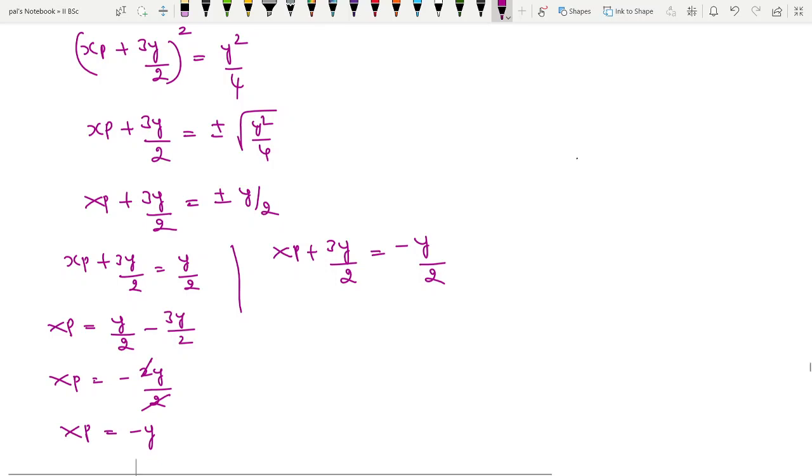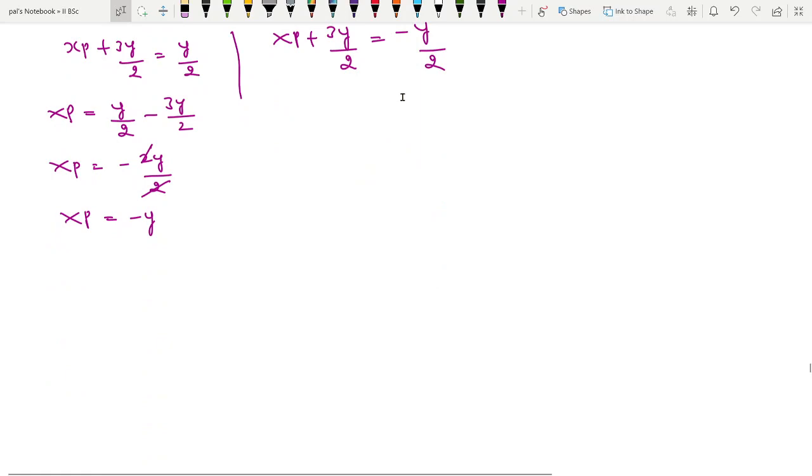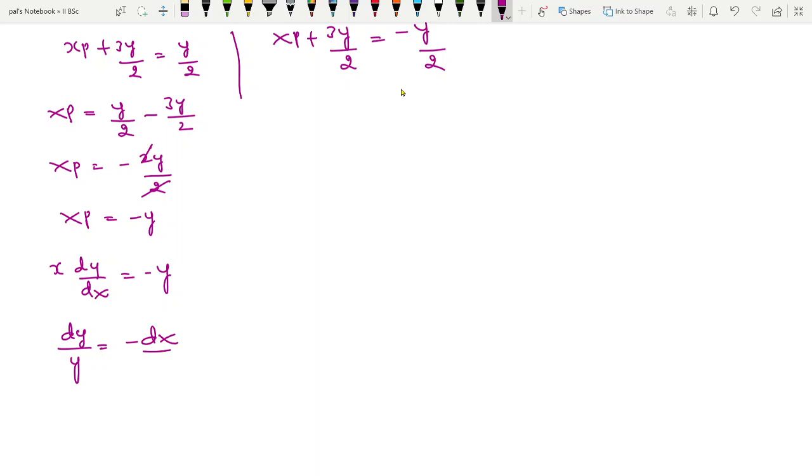As you know, p is dy by dx. So write dy by dx in place of p. So it is x into dy by dx is equal to minus y. Then solve: dy by y is equal to minus dx by x. Integrating this, integration of dy by y is equal to minus integration of dx by x plus a constant of integration, log c.